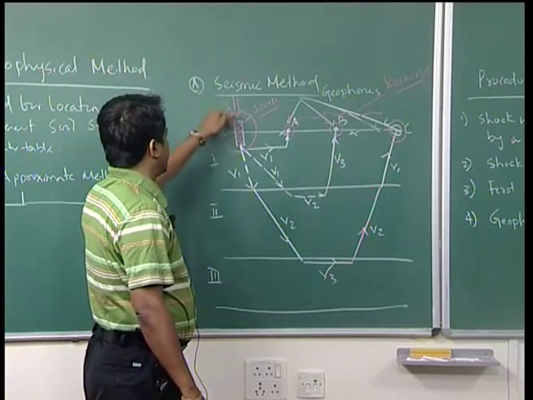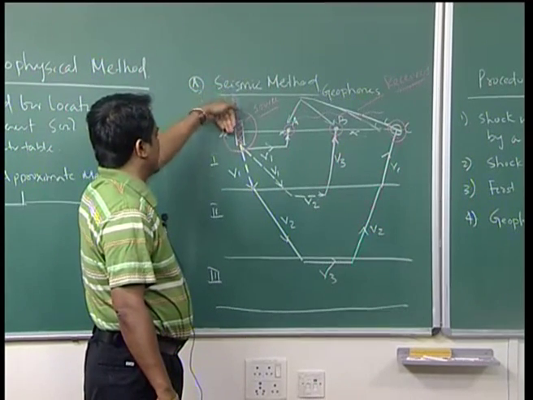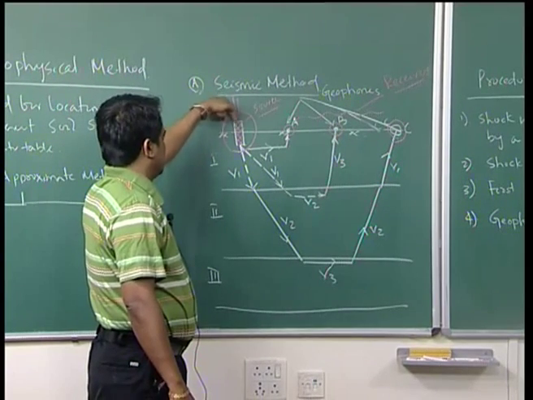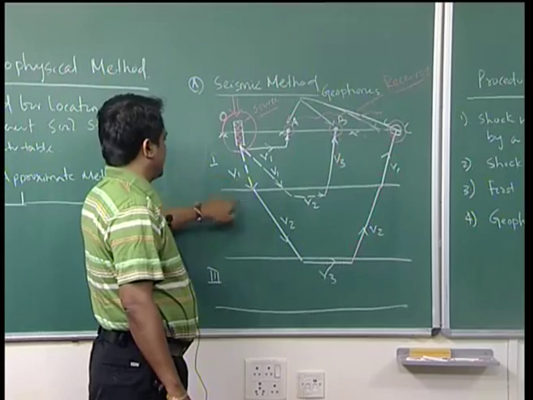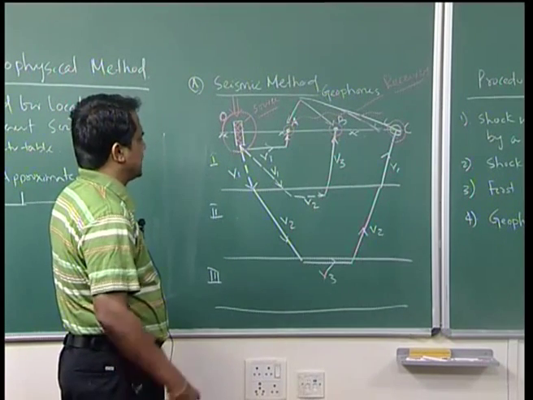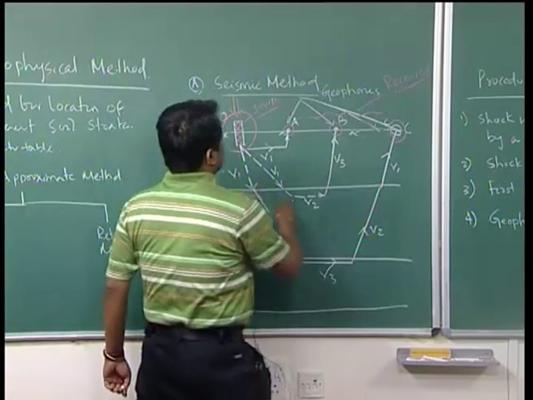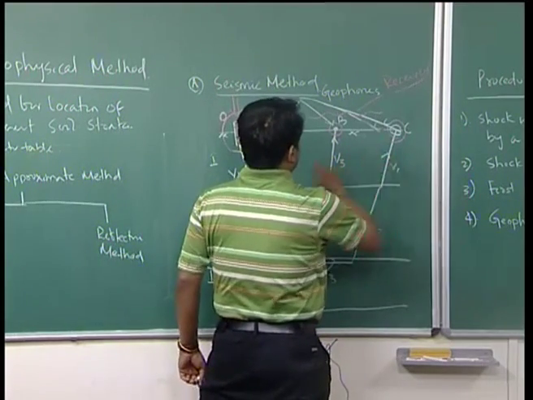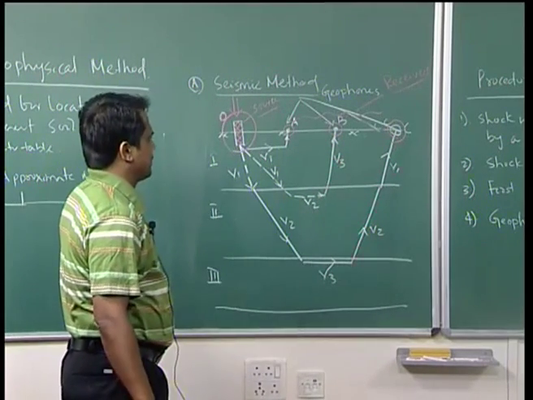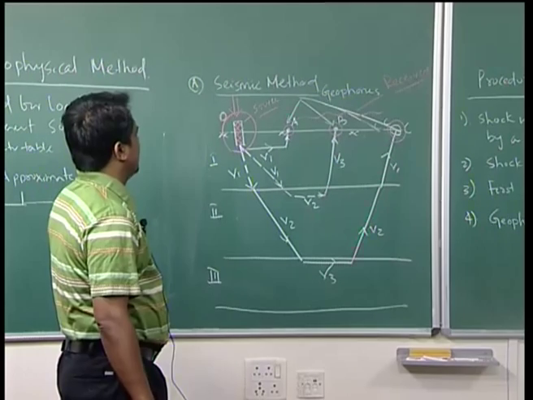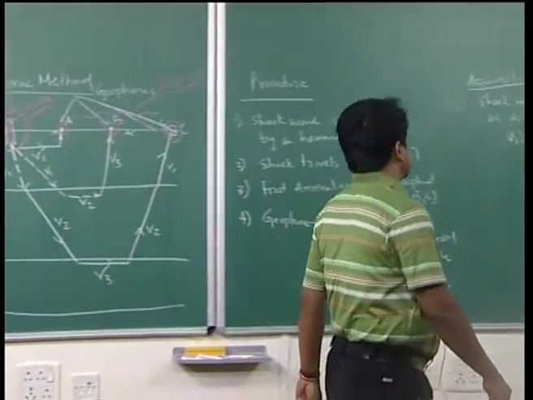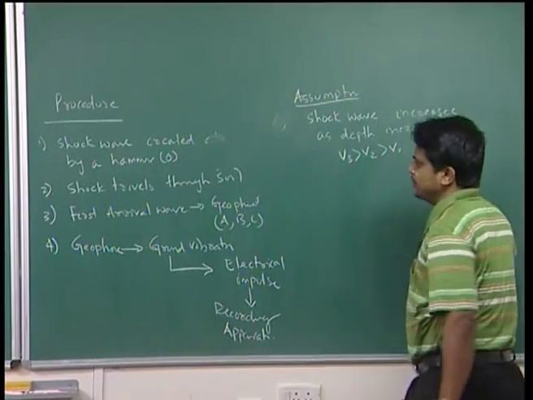Ground vibration will be created from the source by means of impact, and vibration will travel through layer 1, layer 2, layer 3. It converts this ground vibration to electrical impulse and records as a receiver how much time it takes to receive these waves. Another limitation you can say, the assumption is shock wave velocity increases as depth increases.